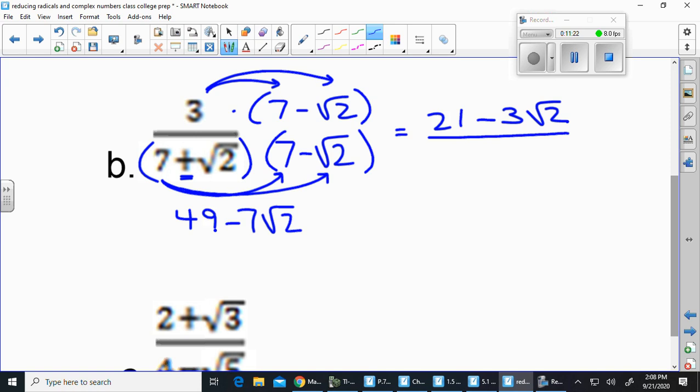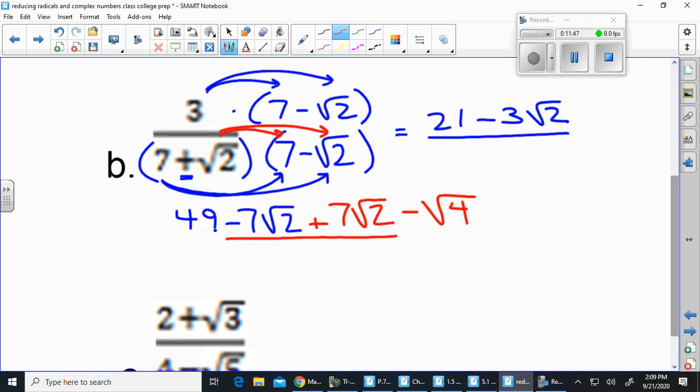Now I'm going to take the second thing. What's square root of 2 times 7? 7 square root of 2. But now what is radical 2 times radical 2? They're both under the radical, so I can multiply 2 times 2, but it stays under the radical. Now you look at that. Those are like terms, but they're opposites.